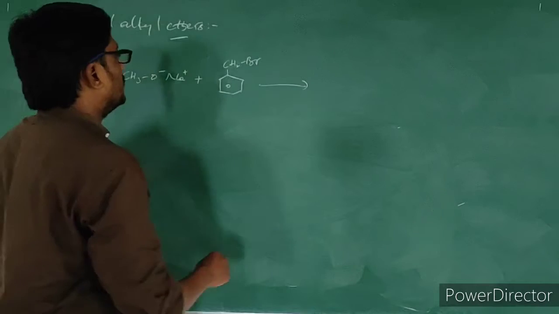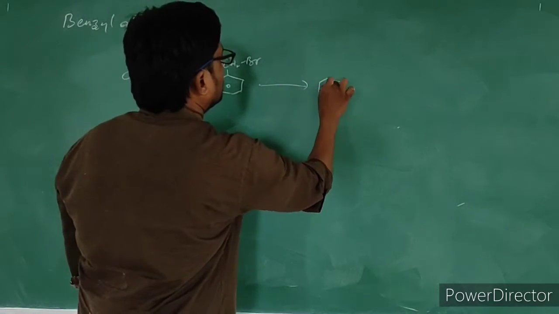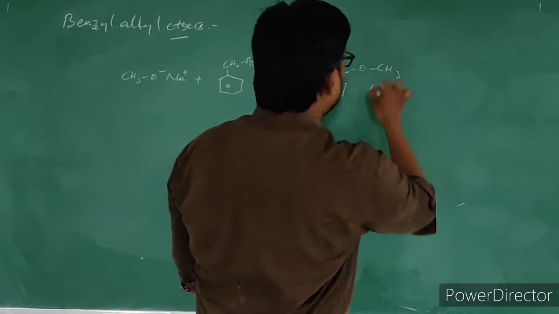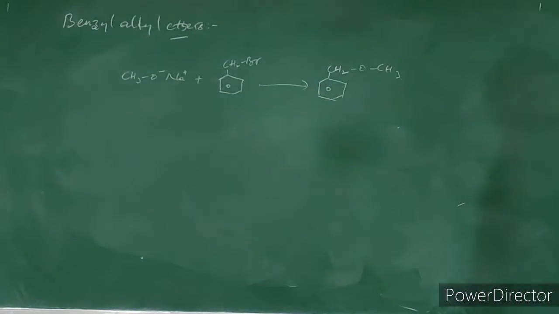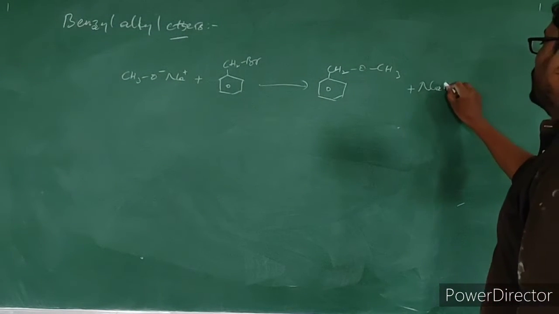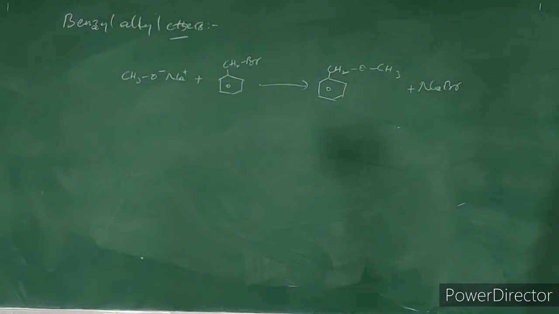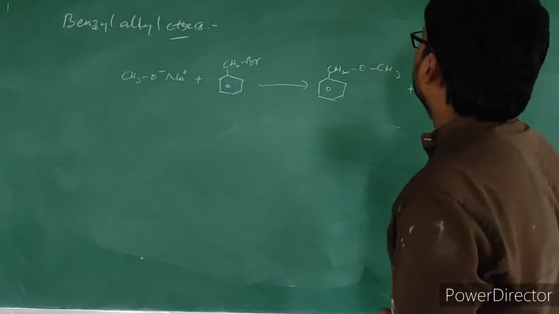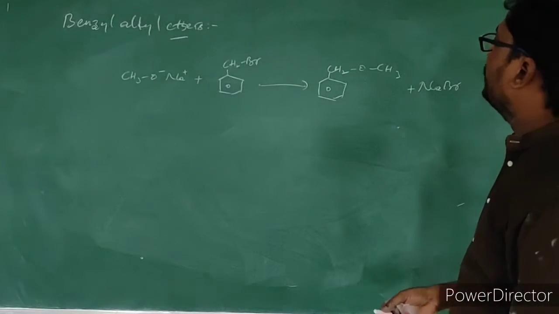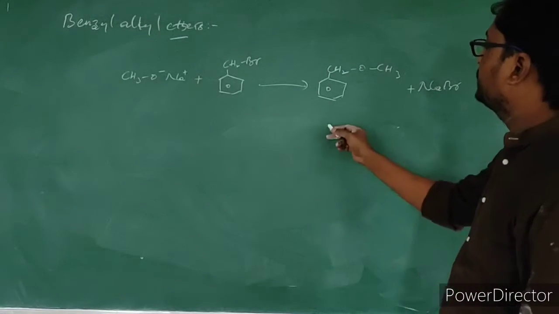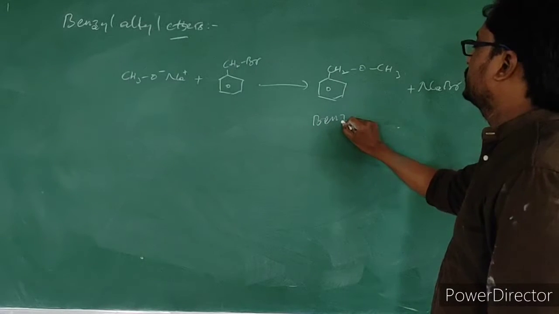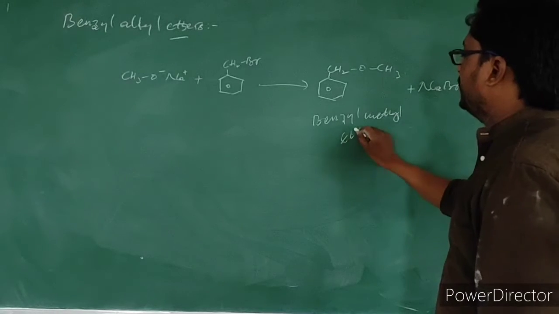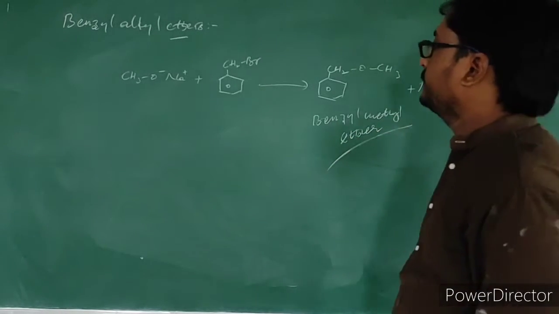Okay, so this will produce the product which gets produced, plus sodium bromide will be produced. So this is nothing but, sorry, benzyl methyl ether gets produced.